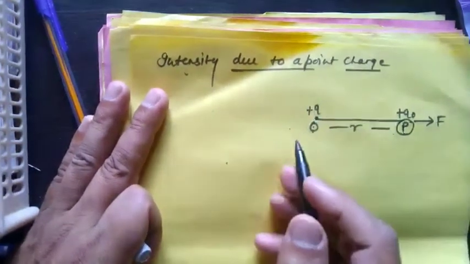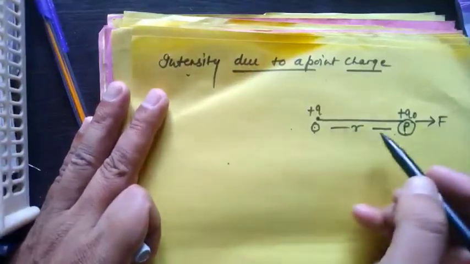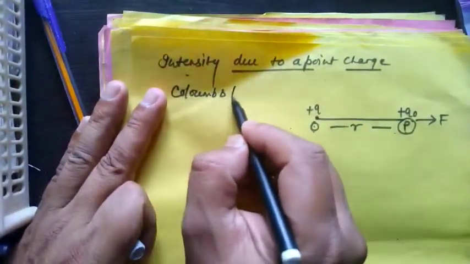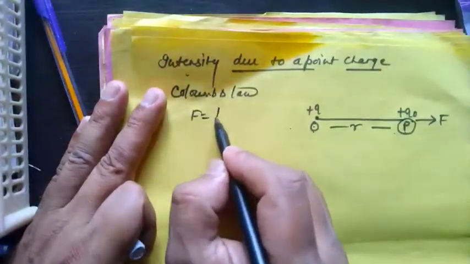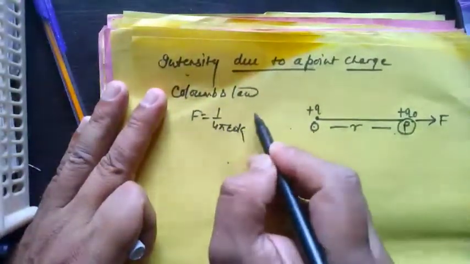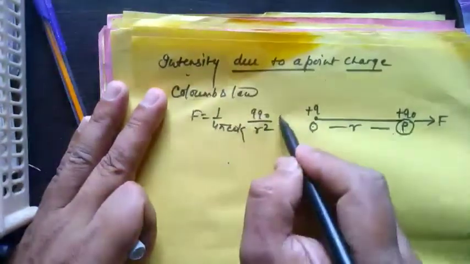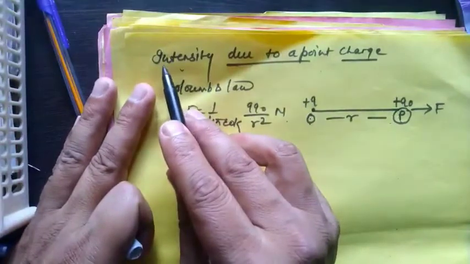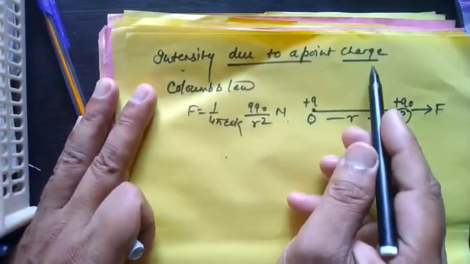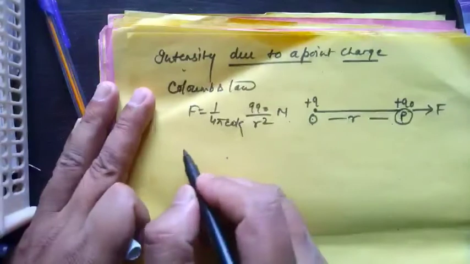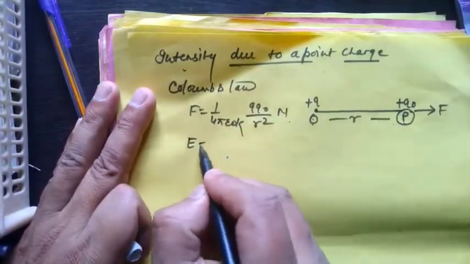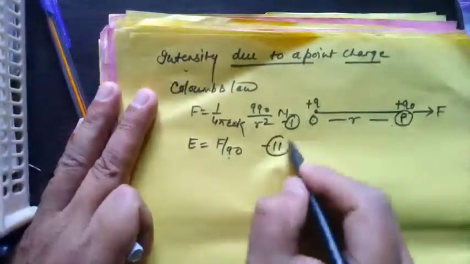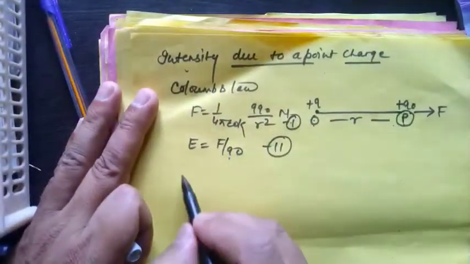Then how can we find the electric field intensity? As we know, according to Coulomb's law, F equals 1 upon 4 pi epsilon naught, K q q0 upon r square Newton. And we can find the electric field intensity due to a point charge from the definition of electric field intensity, E equals F upon q0. This is equation number 1. This is equation number 2.